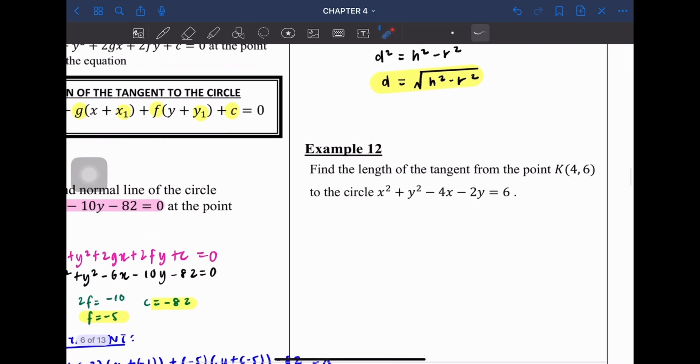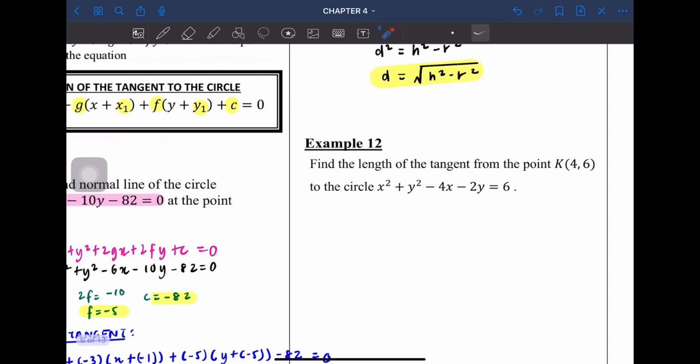Now let's do this example. Find the length of tangent from point K to the circle. We have a circle, and we have a point over here, point K with coordinate 4, 6, and now you want to find the length of tangent from point K to the circle.